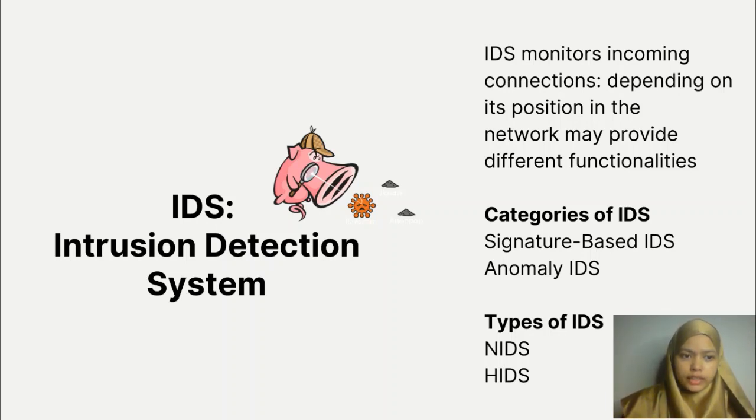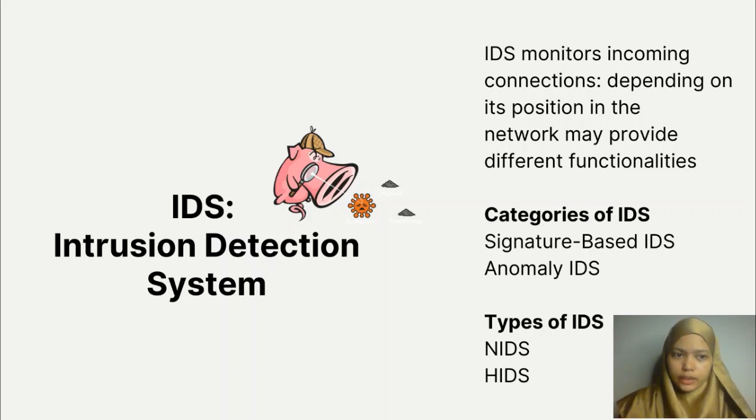So for categories of IDS, we have two: signature-based IDS and anomaly-based IDS. And for types of IDS, we also have two: NIDS, which stands for Network Intrusion Detection System, and Snort is one of the examples for it, and HIDS, which stands for Host Intrusion Detection System, which monitors system and application logs to detect intruder activity.